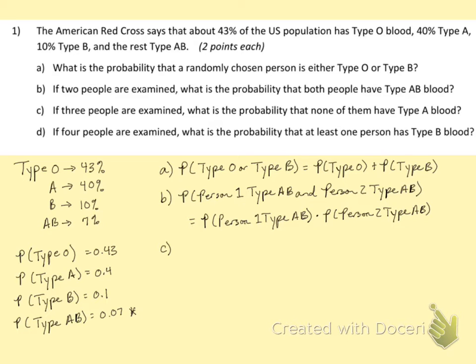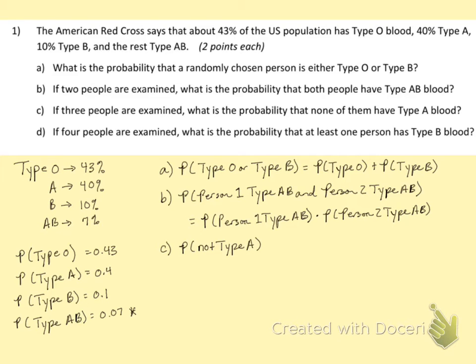In part C, again, I'm going to let you finish part B here. In part C, it says, what is the probability that none of the 3 people examined have type AB blood. So first, before we start multiplying, let's figure out the probability that a person does not have type A blood.